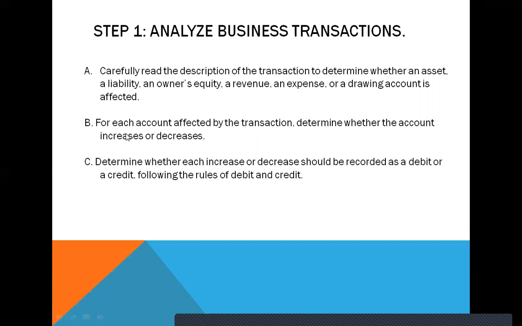Next, for each account affected by the transaction, determine whether the account increases or decreases. And third, determine whether each increase or decrease should be recorded as a debit or a credit, following the rules of debit and credit.